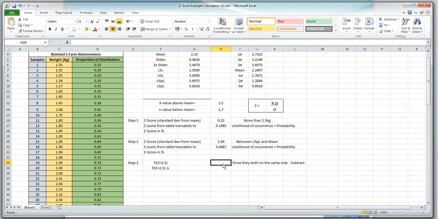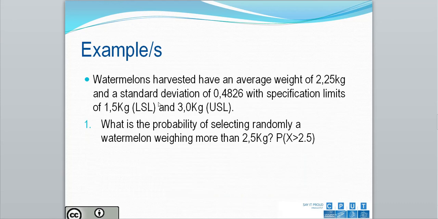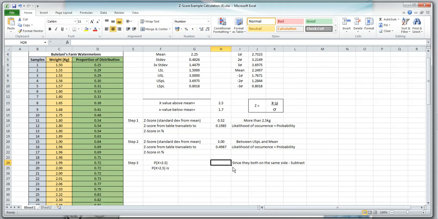So now, in order for us to determine the probability, as the question was saying, let's look at our question. The question says probability of randomly selecting a watermelon weighing more than 2.5 kilos. So there, we will take the difference of the two.